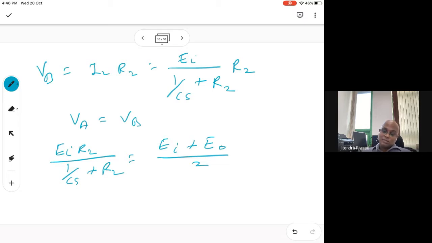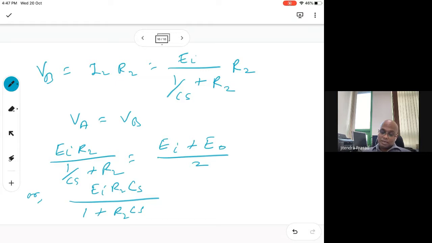So how to simplify? We multiply by CS up and down, so we get E1 R2 CS divided by (1 plus R2 CS).